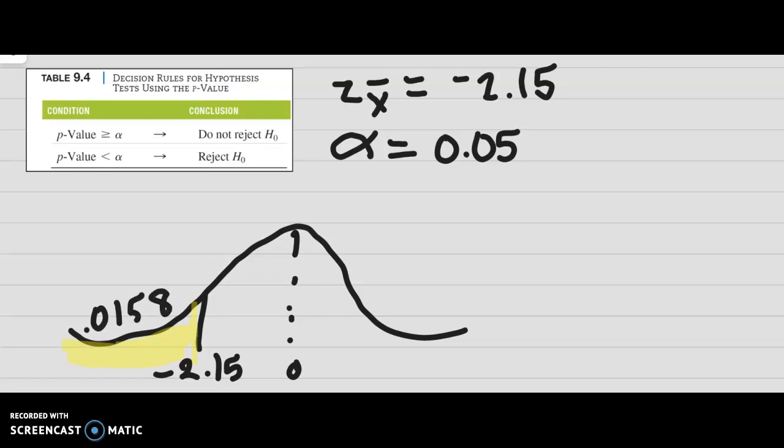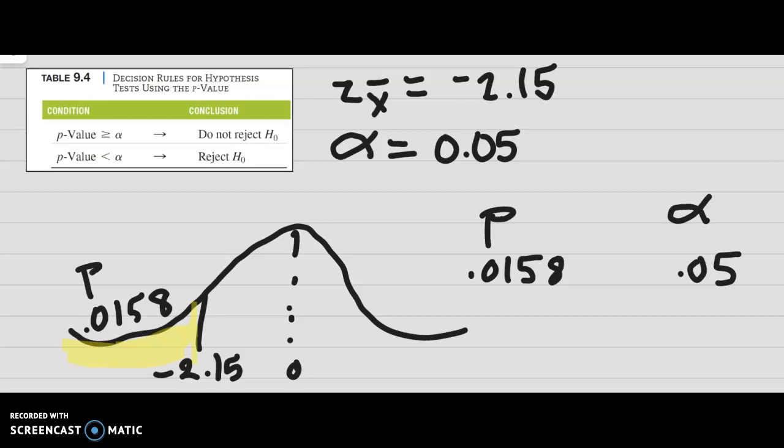Okay, so we know that our alpha is 0.05. So let's compare P with our alpha. I always write P first when I'm comparing. So P is 0.0158 and alpha is 0.05.